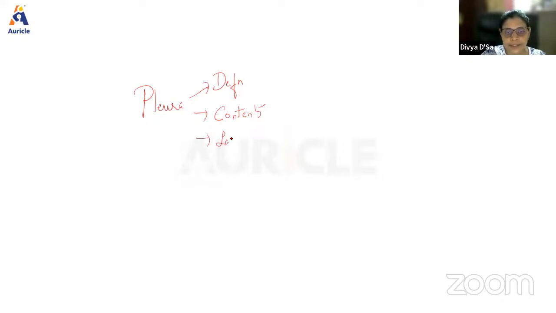Then the layers, the 2 layers, that is visceral and parietal. In the parietal layer, we have 4, that is the cervical, then the mediastinal, then the costal and the diaphragmatic. Briefly you have to write about these. And last will be the applied aspect.